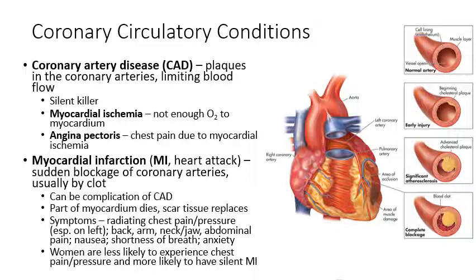You could also have nausea, shortness of breath, just the feeling that you can't get enough air, and you can have anxiety or the sensation of impending doom. You could have all those things or any combination of them, with or without chest pain.